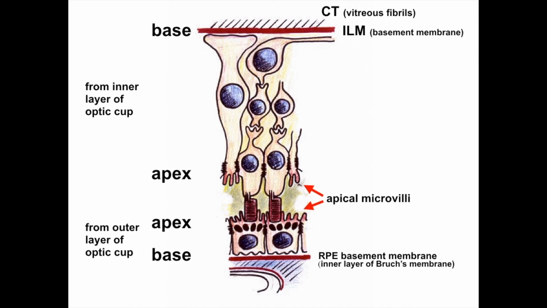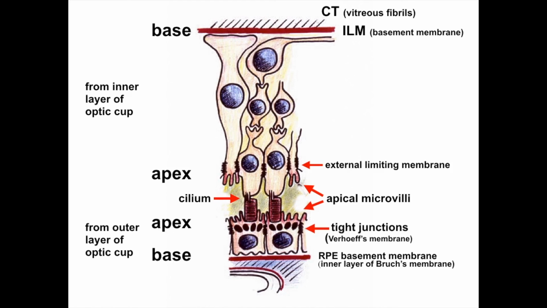Microvilli are present on the apical surface of the RPE cells and also project from the apical surfaces of the retina's Mueller cells. Connecting tubules that resemble cilia join the inner and outer segments of the photoreceptors. Intercellular connections join adjacent Mueller cells and photoreceptors near their apices, forming the external limiting membrane.